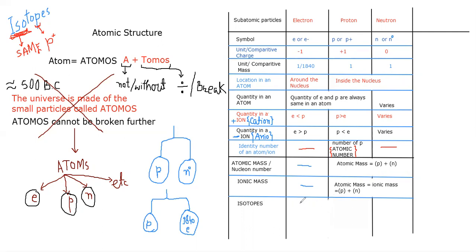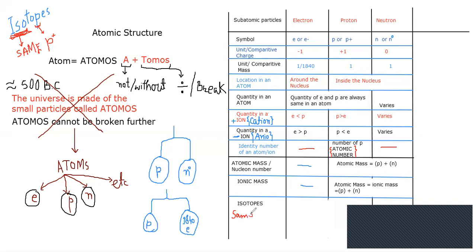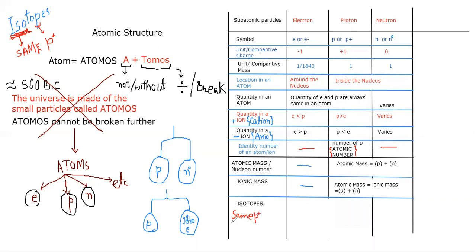So we can say that isotope means same quantity of proton, but different neutron.